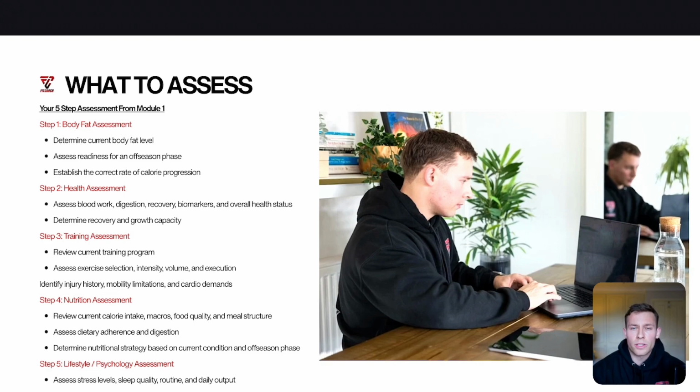Well, great. You can actually look at your body fat percentage and decide where your calories should be, where your macronutrients should be. Are there specific muscle groups which are lagging? And that's also going to allow you to assess your readiness for an off-season phase, because if you are still, let's say, 12% body fat and you know that you could get leaner and you want to get leaner, well, guess what?